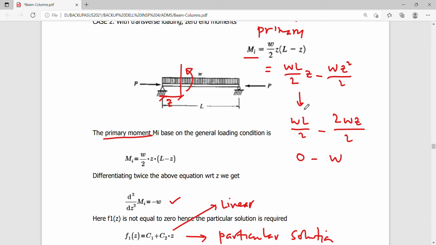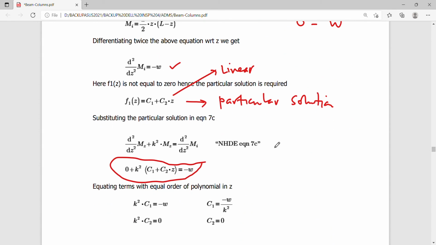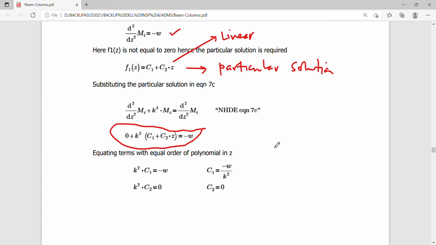So we simply differentiate this Mz value. This is the derivative of Mz with respect to z squared.